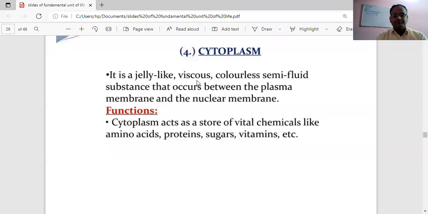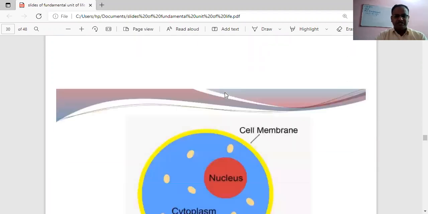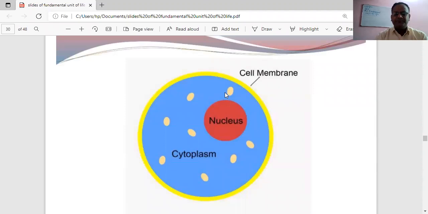Now, one of the most important things is that in the cytoplasm, we will see the cell organelles are present. Okay, so this is the figure for the cytoplasm. This is a simplified view given to us to have a clear-cut concept of the location of the cytoplasm.